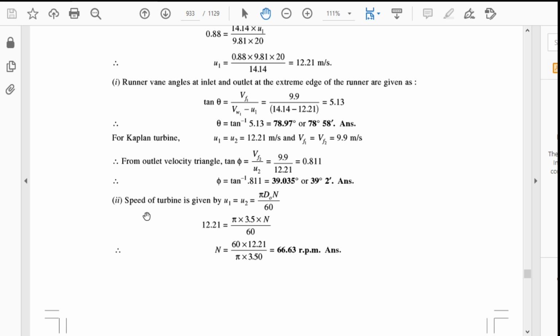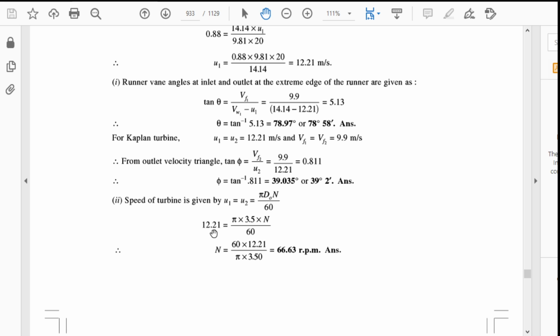Now the last question is the speed of the turbine. For finding the speed of the turbine we can use the peripheral velocity, which is pi D N upon 60. Here D is the outer diameter, that is D0. So pi D0 N divided by 60 will be your u1 or u2. In the case of the Kaplan turbine, u1 equals u2.